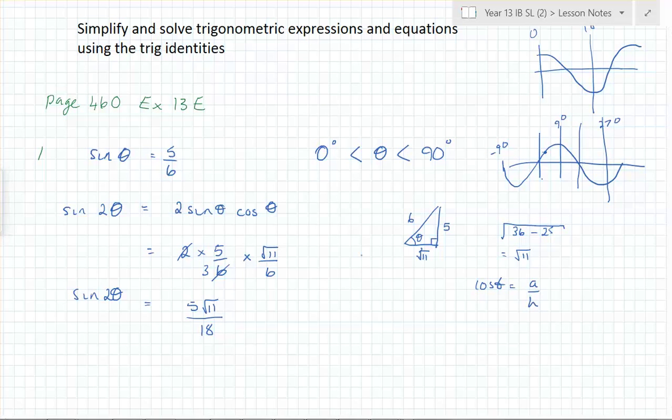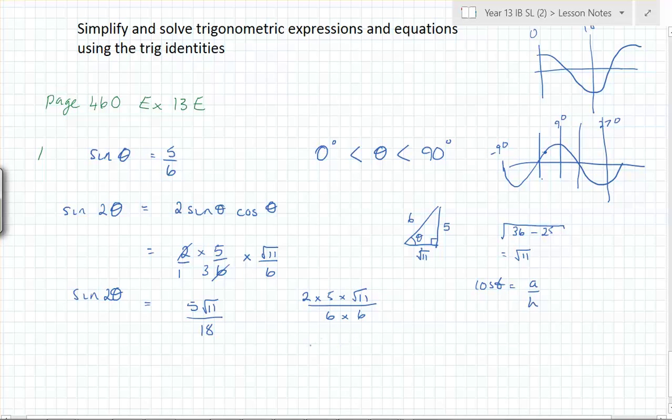Why do you cancel the 2 over 6? Oh, never mind. Just simple fraction stuff. It's 2 over 1, so it becomes 2 times 5 times root 11 all over 6 times 6.